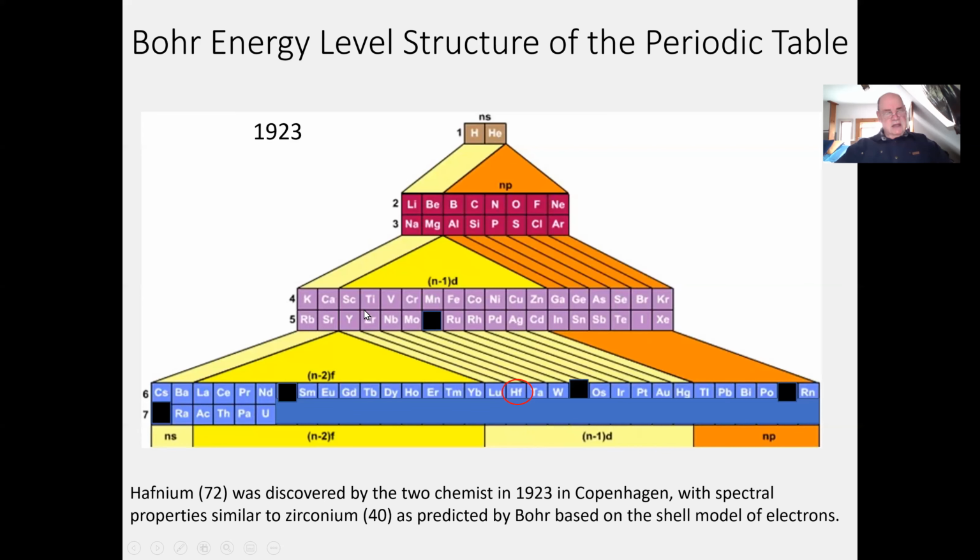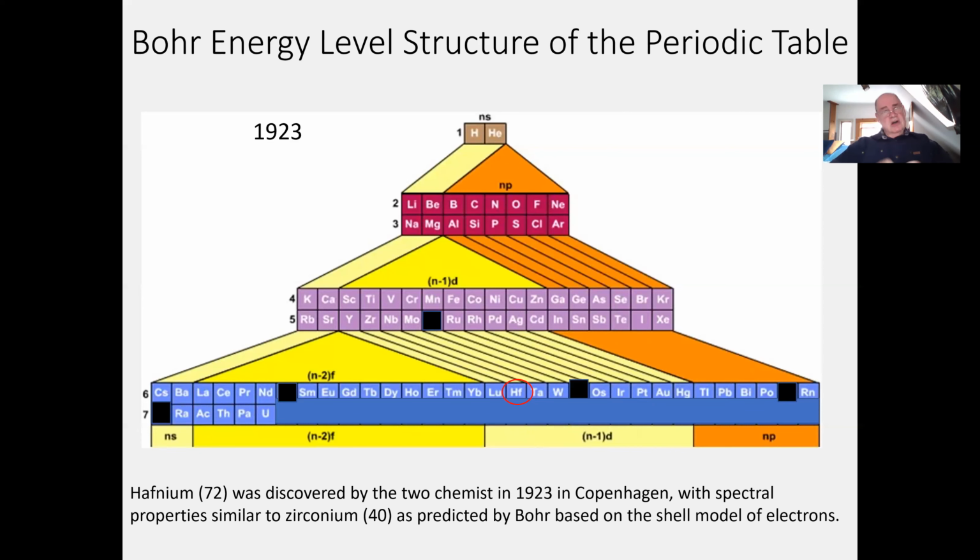You can see these kinds of lines where the different elements would be in the same families. So he predicted that this element, when it would be discovered, would have similar chemical properties with element number 40, zirconium.